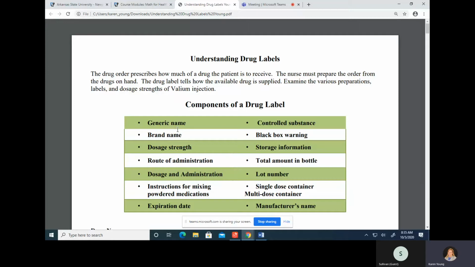The company that came out with the brand name, and I'm going to use Tylenol, came out with it, seems like 100 years ago. It probably was only more like 50. But they were the first ones to come up with the formula for it, so they named it Tylenol. The generic name is the chemical compound.